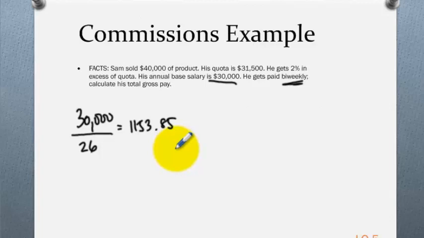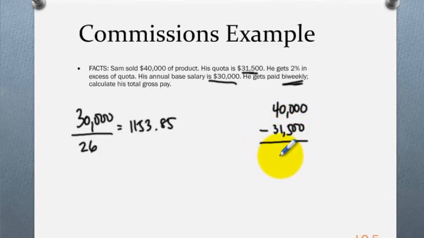But this time, he actually ended up making a commission. So let's figure out how much commission he gets. He sold $40,000. He gets 2% anytime he sells over $31,500. He did sell over his quota, so we subtract his quota from the $40,000 in sales to see how much he went over. He went over his quota by $8,500.